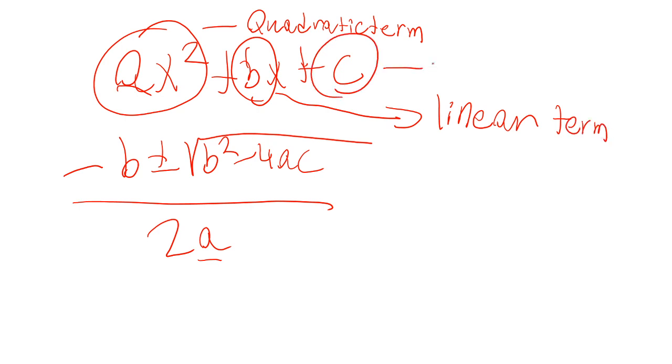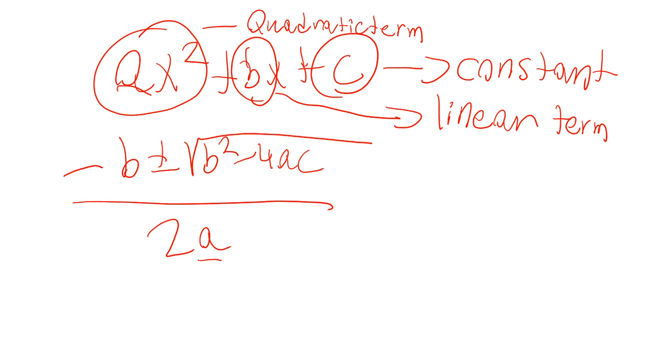And this right here is the constant term. So those are the parts of a quadratic, and you just plug your values in and you're good. So that's how you would solve any quadratic equation.